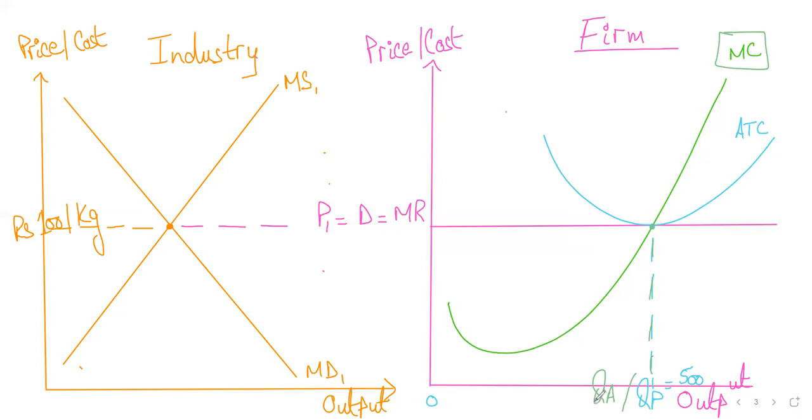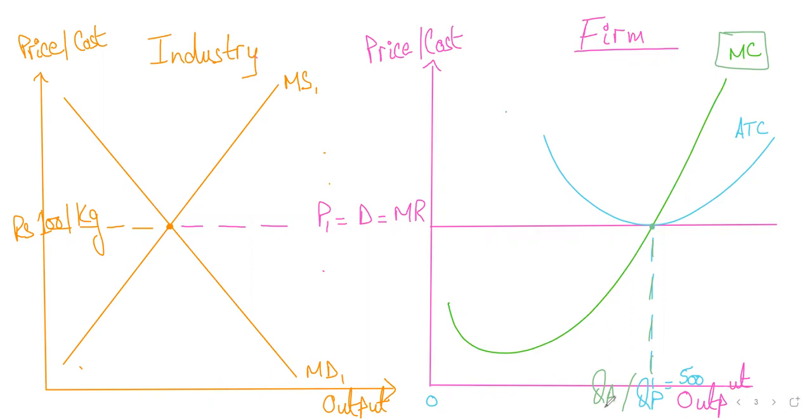After this, when we come to the monopoly part, you will see that the profit maximization point will be different from the allocatively efficient output level, and that will show us that monopoly is not allocatively efficient. But this firm is allocatively efficient because the profit maximization quantity and the allocatively efficient output level coincide. Easy? This is making sense.